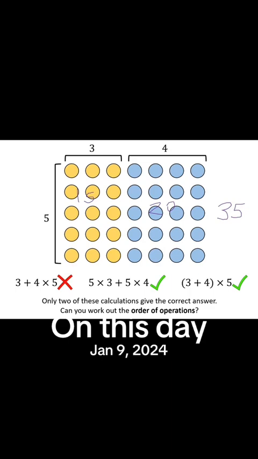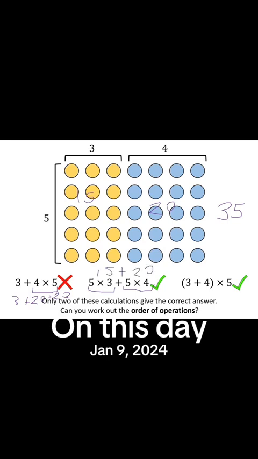This one, because you have 3 plus 20, which gives you 23. This one's actually right, guys, because I do the multiply first, and then I add at the end, so I get 15 plus 20, which gives me 35.